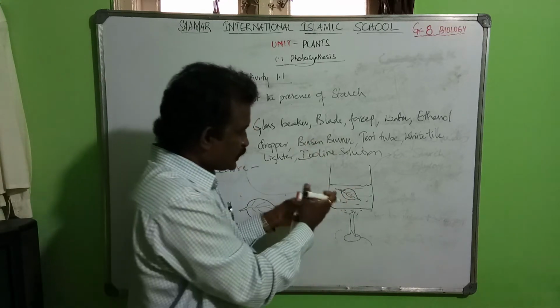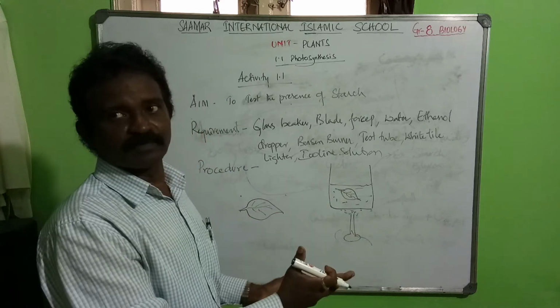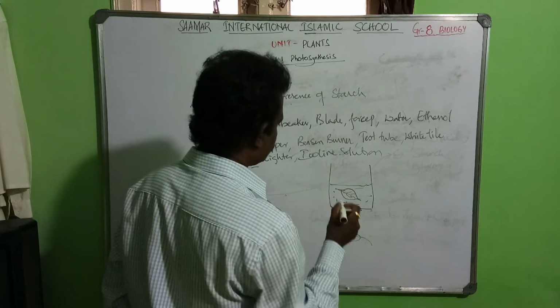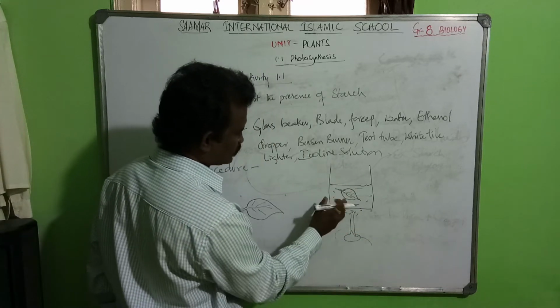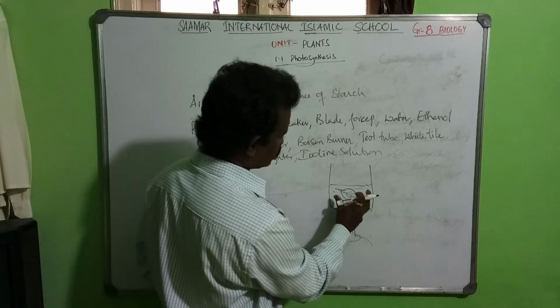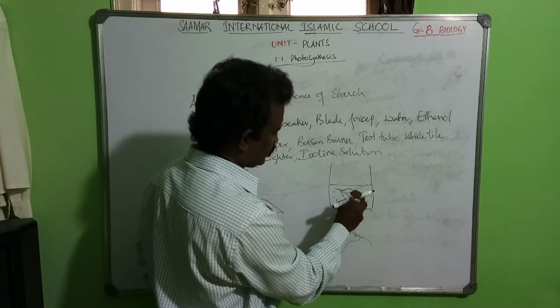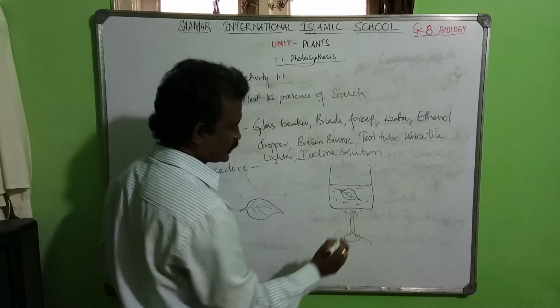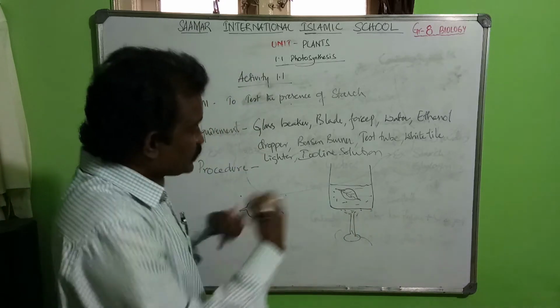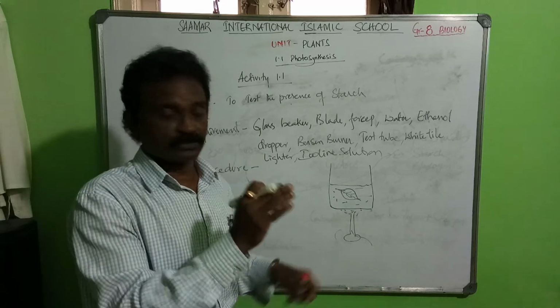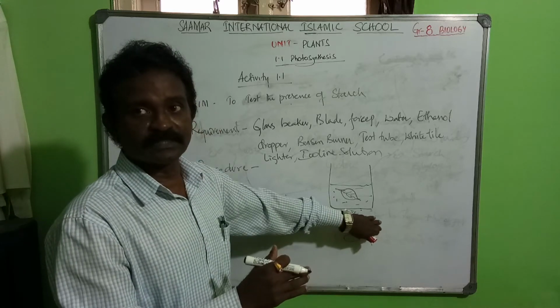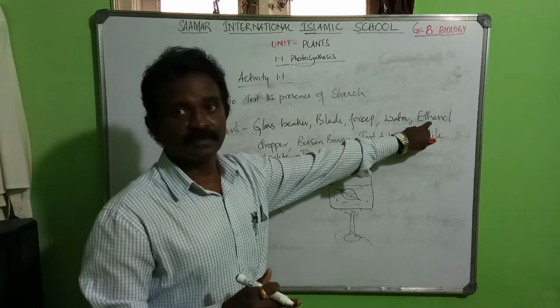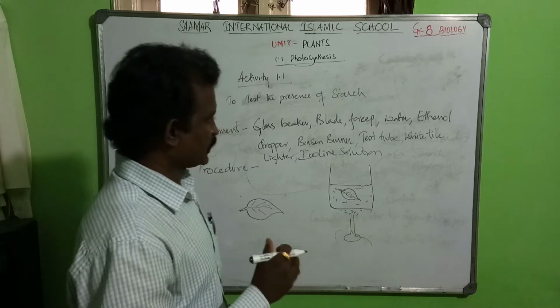So I am softening it and taking out the chlorophyll, so that you can make out the test clearly. Once after 5 minutes, I will stop heating. That means I will remove the Bunsen burner. Next step, I'm adding alcohol. So the Bunsen burner should not be close there, because alcohol is really flammable. Is it clear? It catches fire.